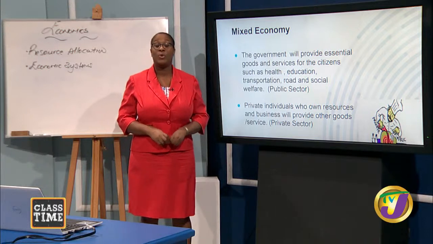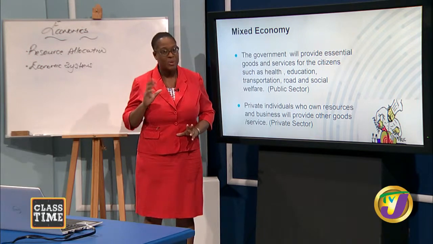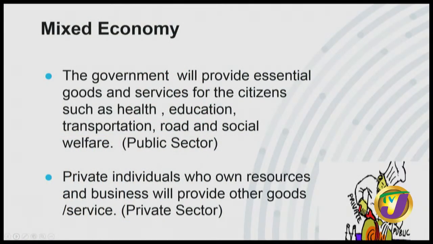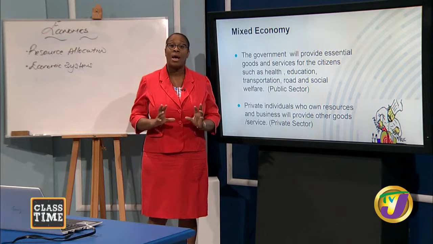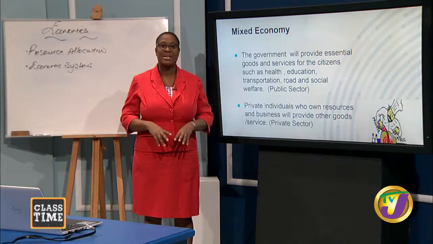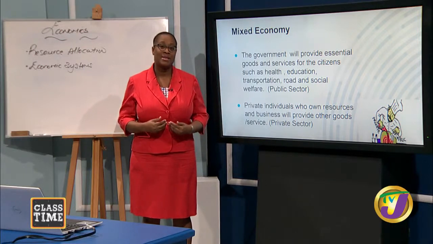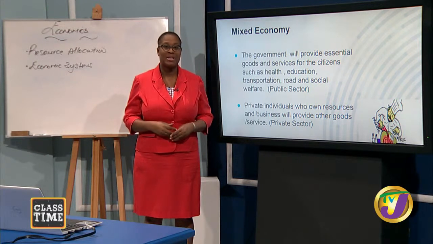Where private individuals now own the resources and the businesses, they will provide other goods and services, not necessarily the basic things, and they are referred to as the private sector. So just to stick there again, the government and its entities and activities are referred to as the public sector, and private individuals owning factors of production and carrying out their activities in the economy are referred to as the private sector.